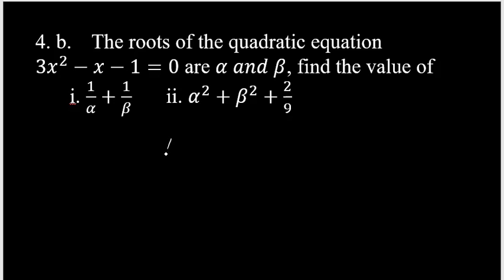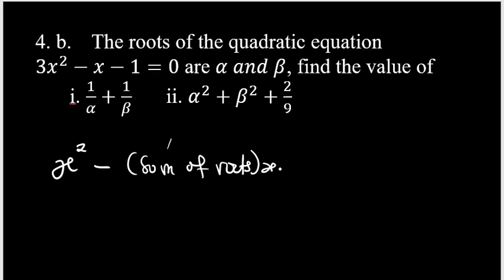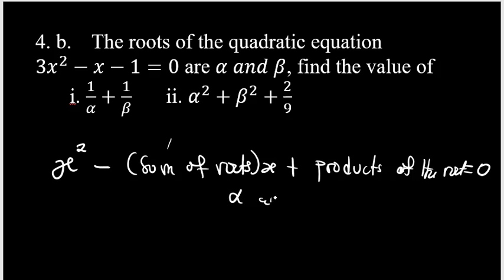When the roots are given, then the equation is formed using the formula x squared minus the sum of the roots multiplying x plus the product of the roots, and that is equal to 0. Now in this case, the question says that the roots are alpha and beta.